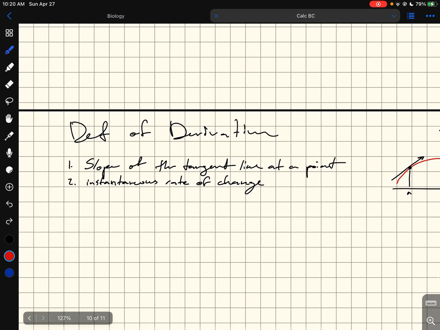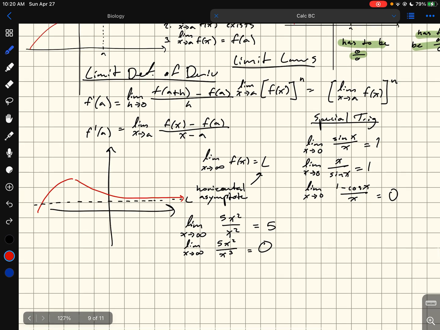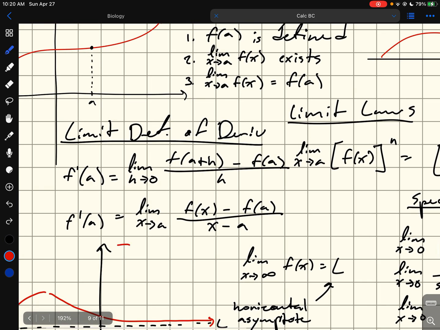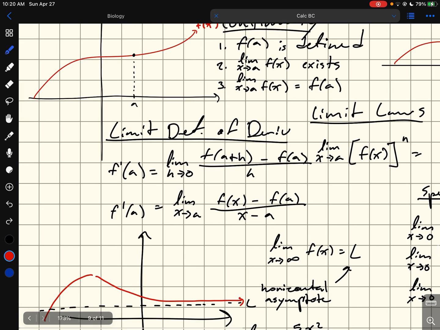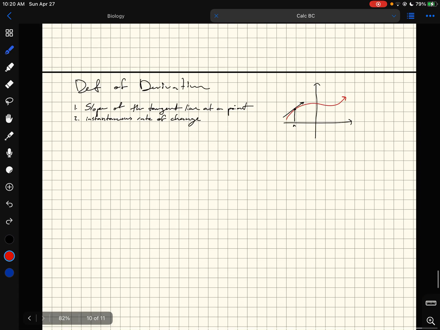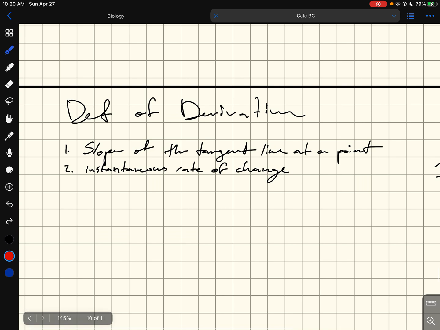And then you have your limit definitions. These also mean derivative. So you want to be able to look at those things and think that's what a derivative is, and they want me to find the derivative.